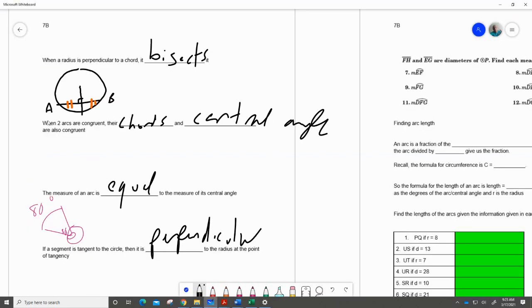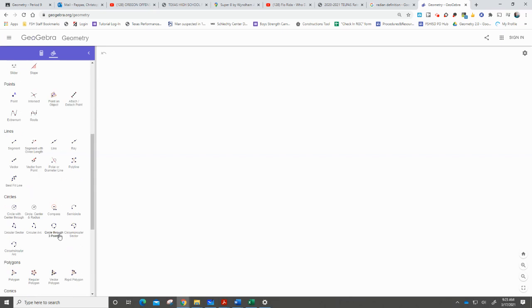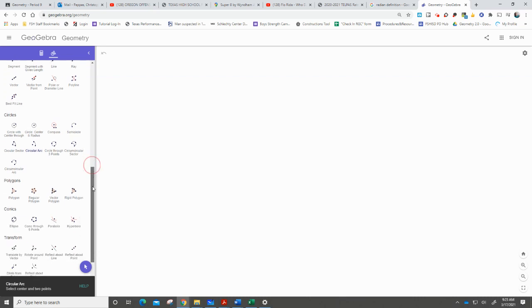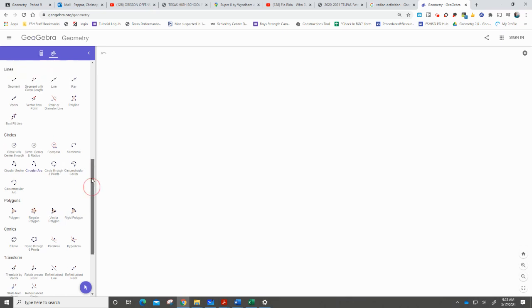And if we're looking at our definition, if two arcs are congruent, their chords and central angles are also congruent. So let's say we want to construct a circular arc. I don't know if we can prove this over here on GeoGebra, but let's just try to do another circle here.